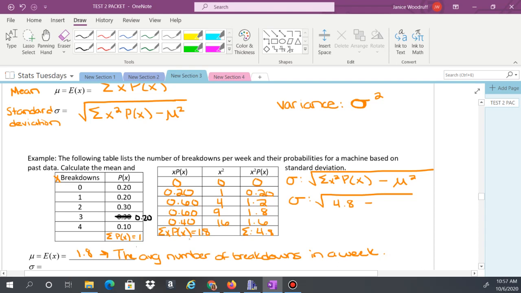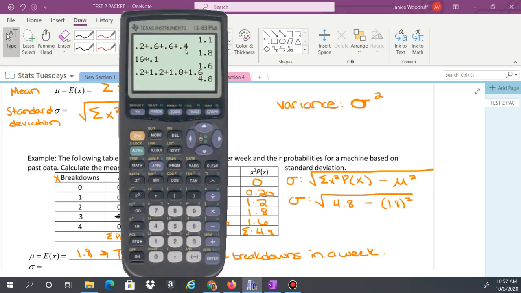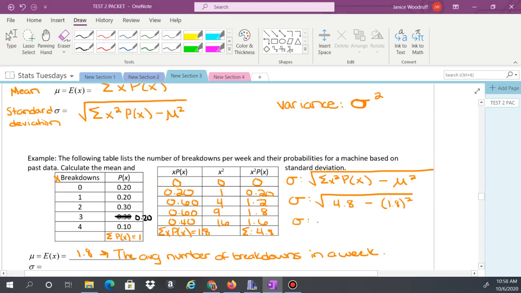The mean is 1.8, and we want to square that. So we can put that in the calculator exactly like that, or we can do it step by step. We can do 1.8 squared. So that's 3.24. So I have the square root of 4.8 minus 3.24.